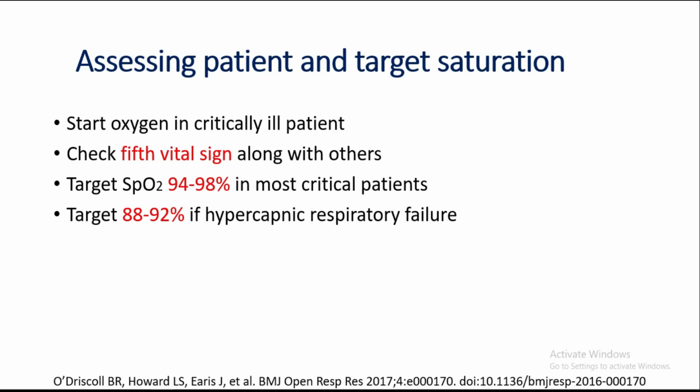The other signs are pulse, blood pressure, temperature and respiratory rate. Target the oxygen saturation by pulse oximetry at 94 to 98% in most critical patients. But if the patient has hypercapnic respiratory failure such as chronic obstructive pulmonary disease, then target saturation is 88 to 92%.